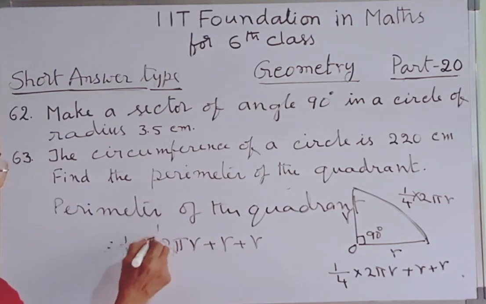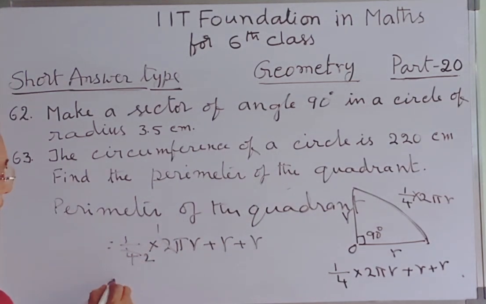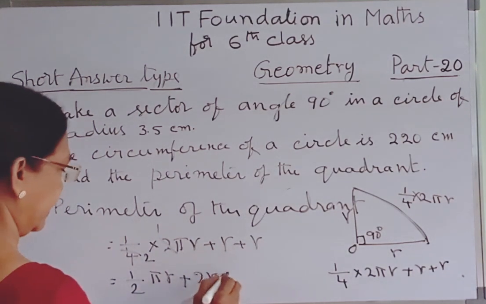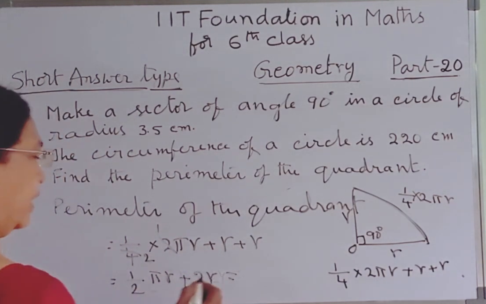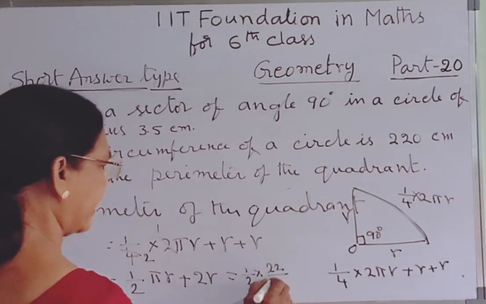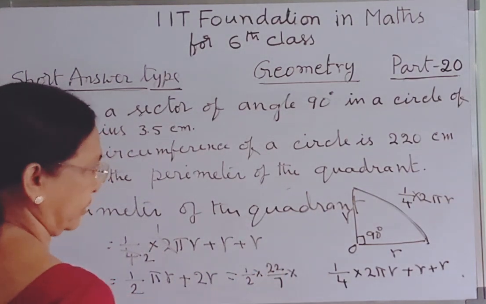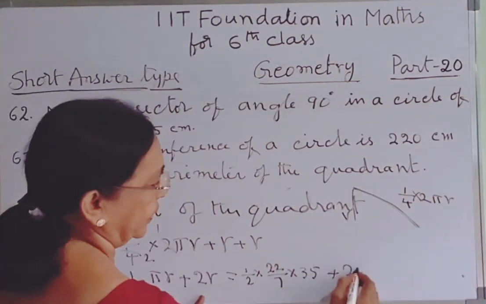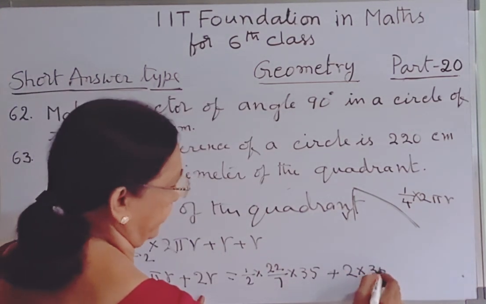So 2 1s are 2, 2 2s are 4. That is equal to half into pi r plus r plus r, 2r, is equal to half into pi, 22 by 7, into r. r is 35 centimeters, the radius. 2 into r, 35.